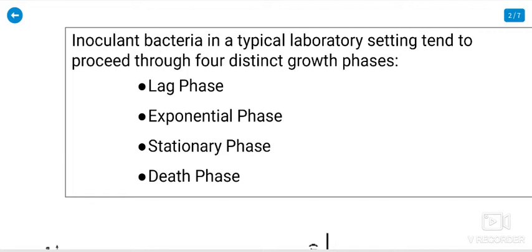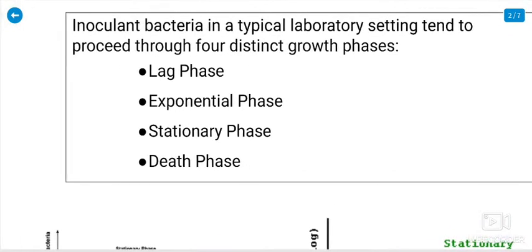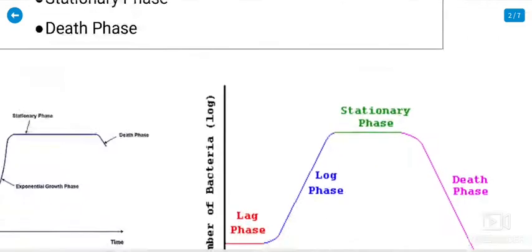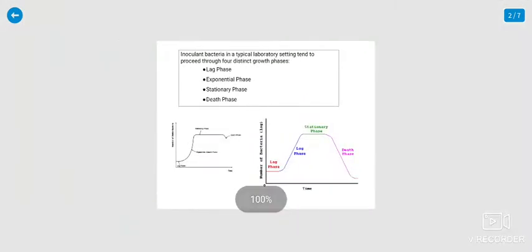That means it rises steeply up to the peak, until the stationary phase. The stationary phase is a limit, where growth stops. The cells continue in a living stage, and finally it goes to the death phase. These pictures make the explanation clear.